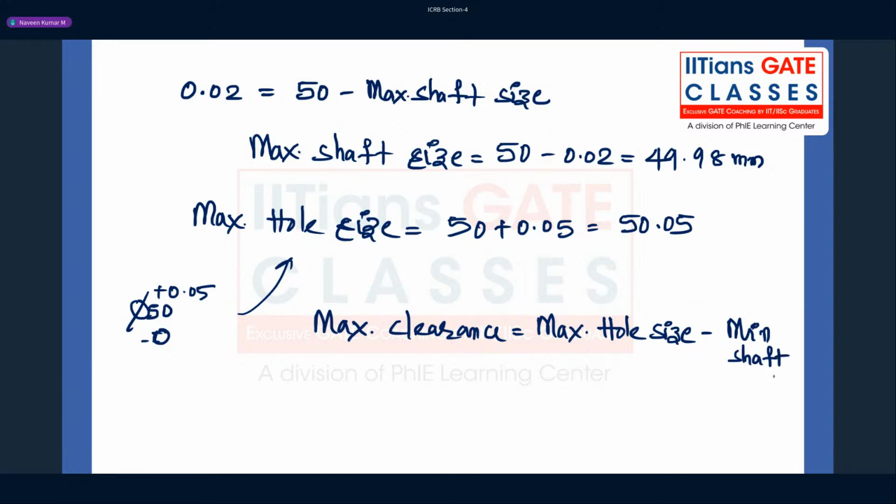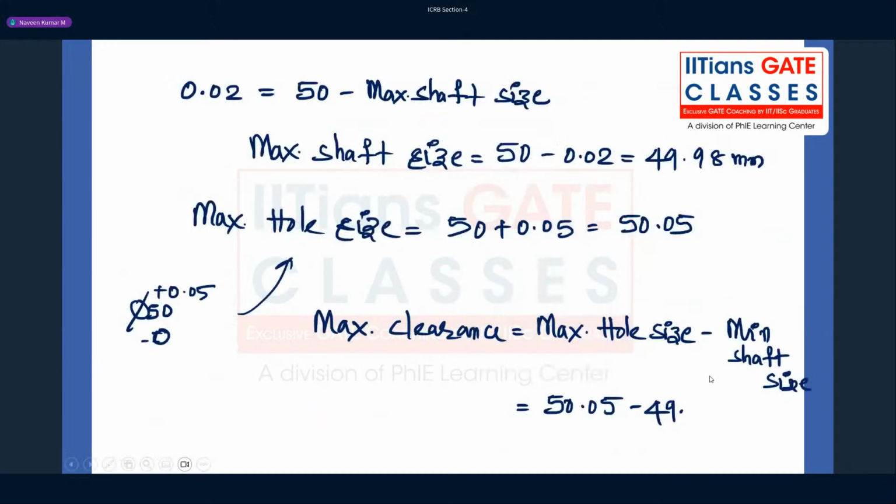Minimum shaft size we haven't found yet. Maximum hole size we have found from the question. So it is 50.05 minus the minimum shaft size.